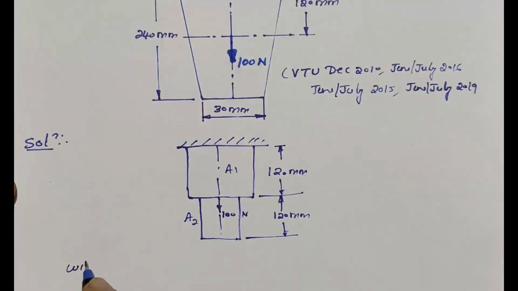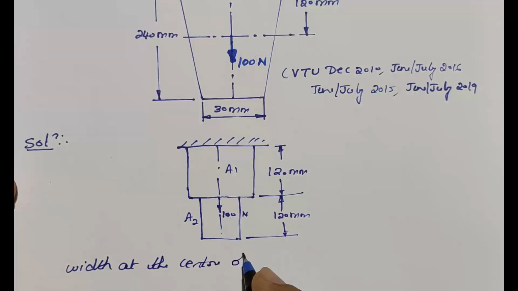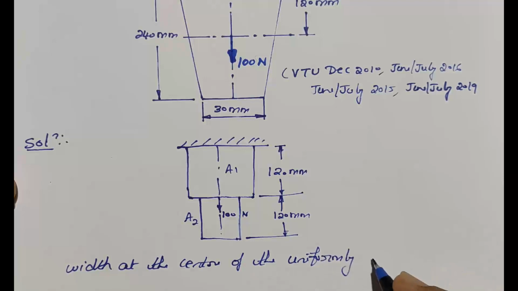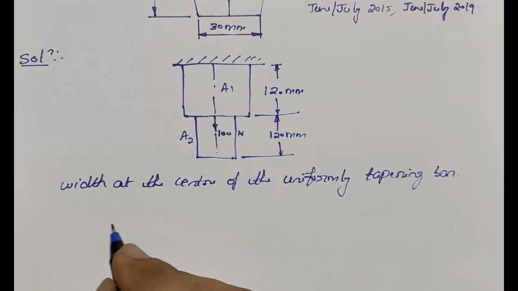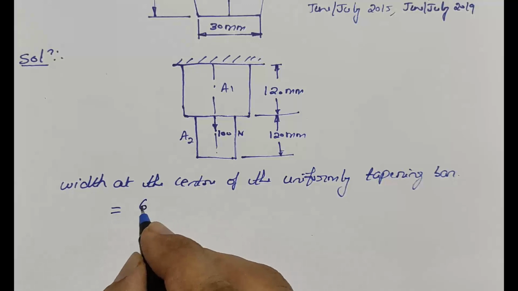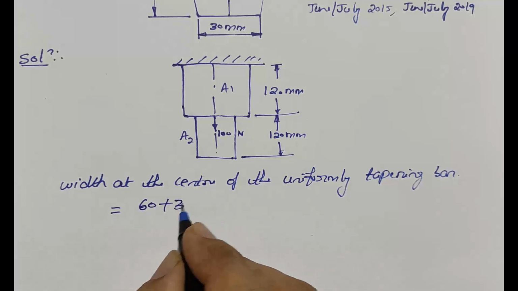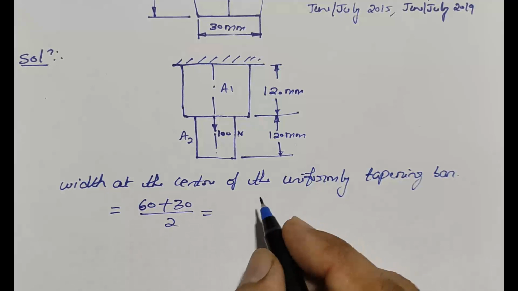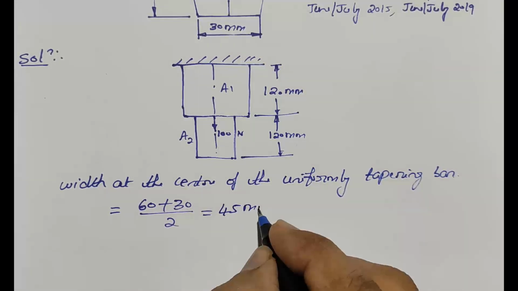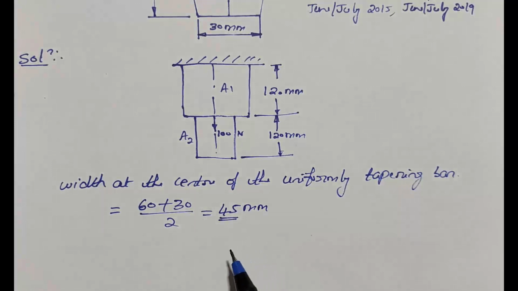So width at the center of the uniformly tapering bar is equal to 60 plus 30 by 2. It is 45 mm. This is the width at the center of the uniformly tapering bar.